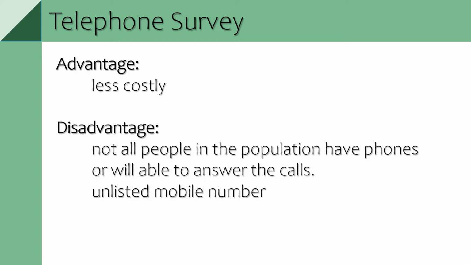What if they have a cell phone but you do not know their numbers? And the last one is the tone of voice. This is a very sensitive part of the telephone survey. Sometimes the way you ask a person through the phone is very different from the way you ask face to face. So there could be a misinterpretation, and the result may vary.